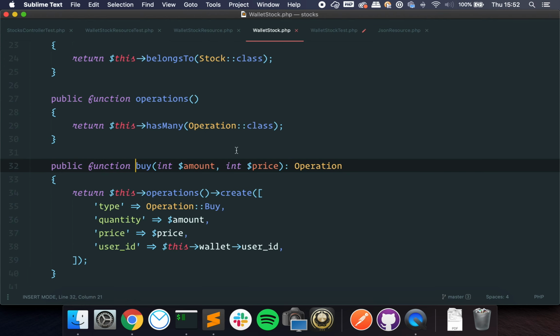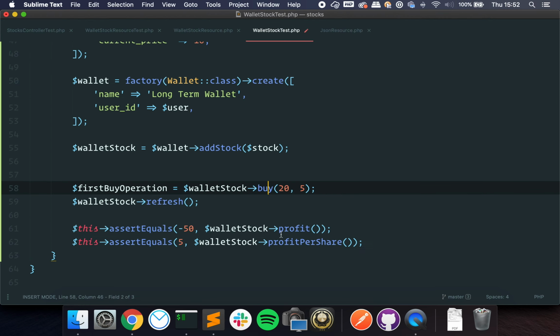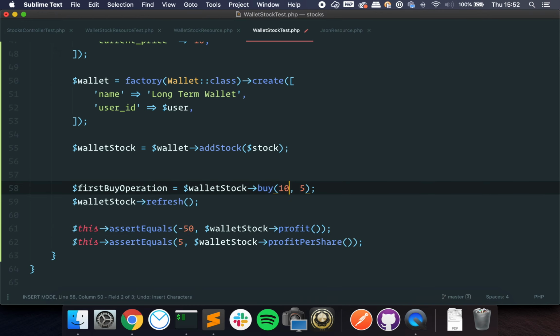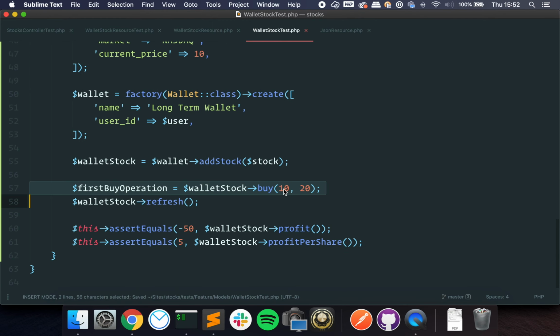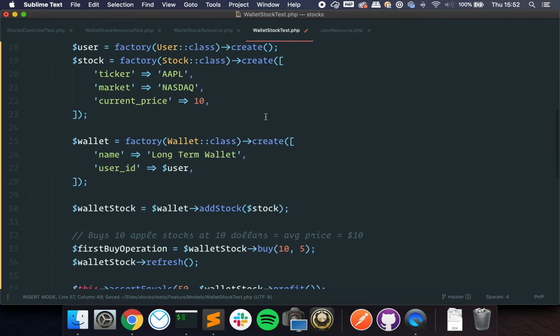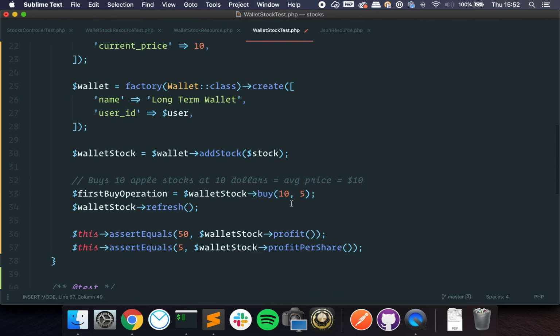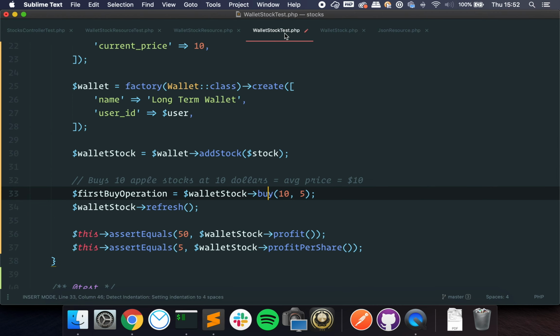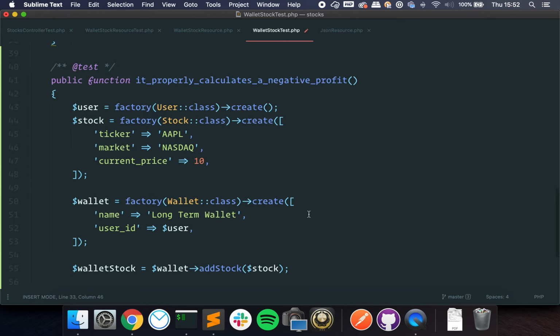Let's see amount and price. So we want to buy 10 at 20. So we want to buy 5 at 20. How do we have it here? Is this correct? Buy 10 stocks at 5. Oh, this is wrong.